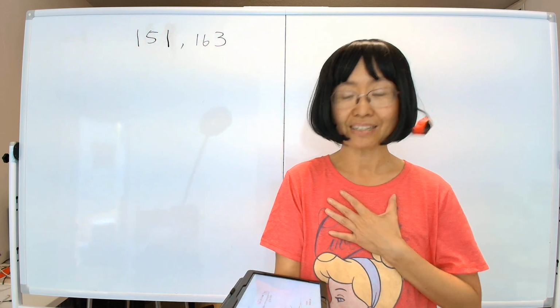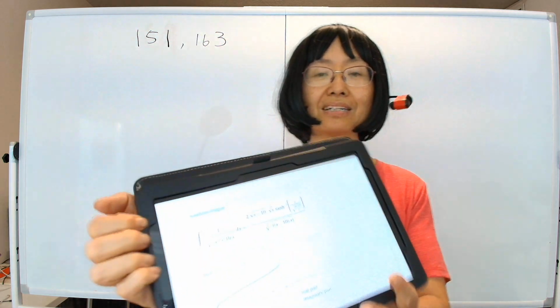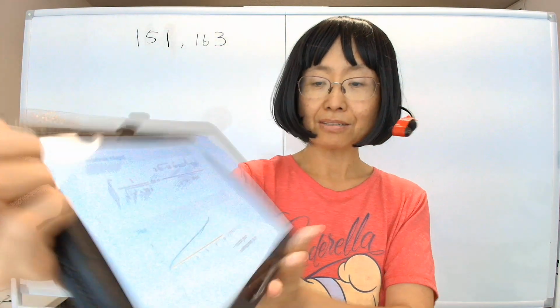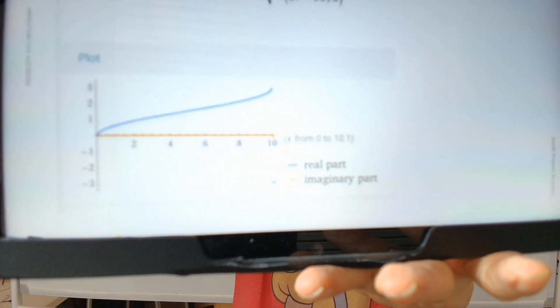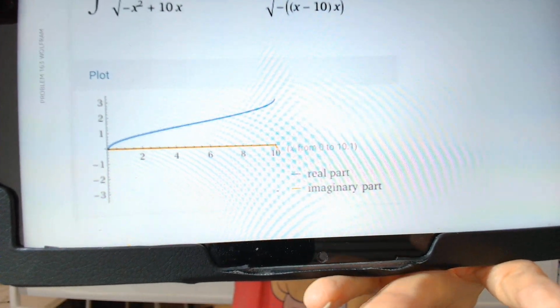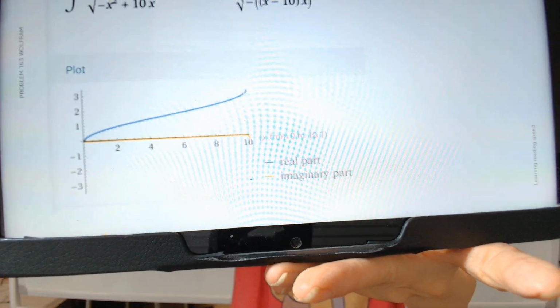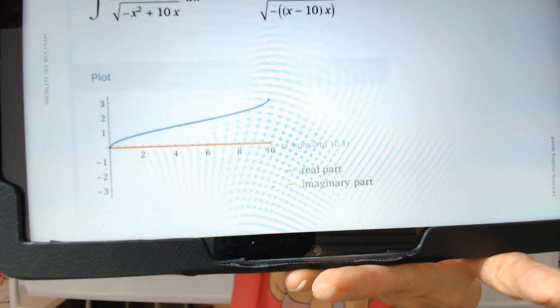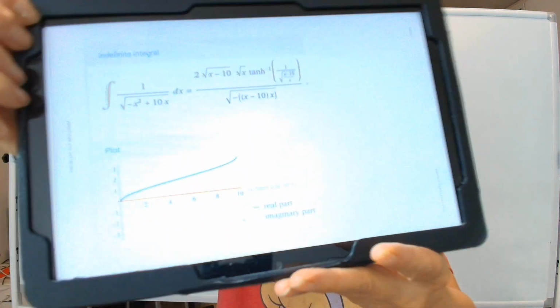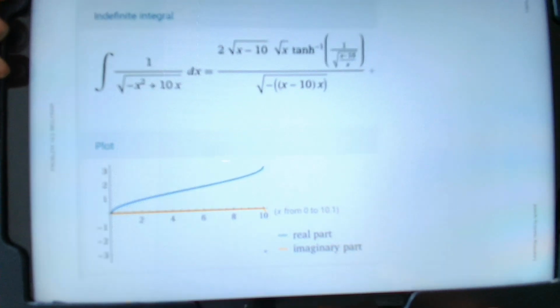However, by our standards, that's not possible because this number right here, okay? For example, the plot, which is correct, is identical to what we have. It's defined from 0 to 10 or something like that. Okay, if it's defined from 0 to 10, let's figure out what the value is when x equal to 1. Why not 0?